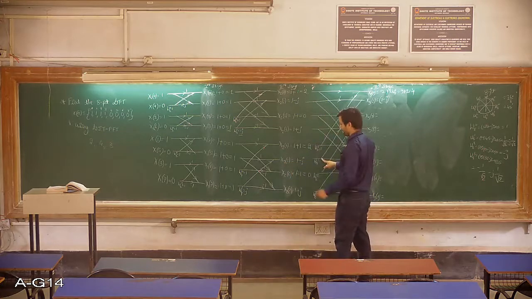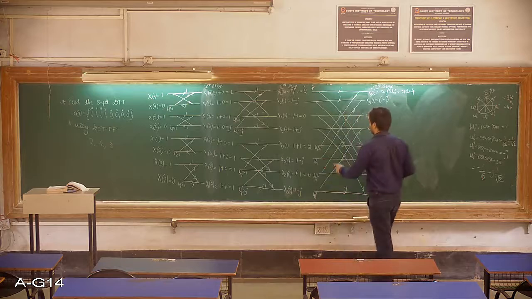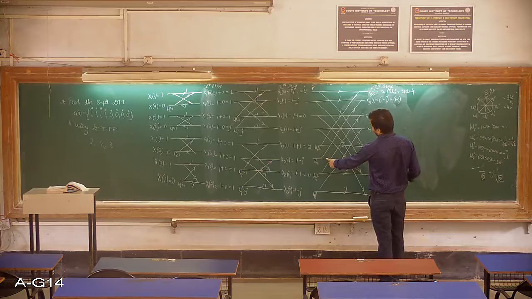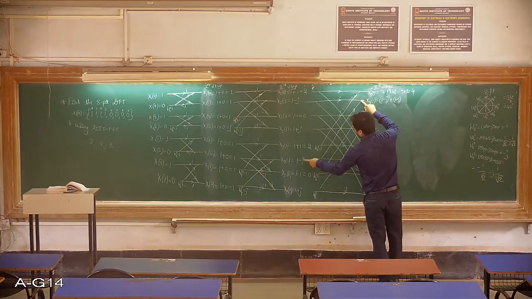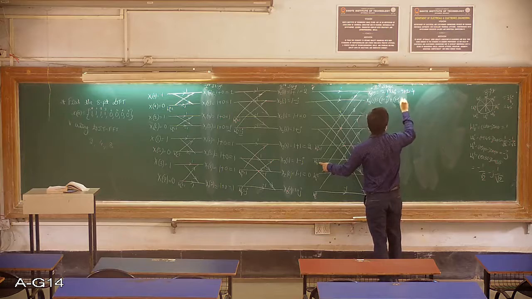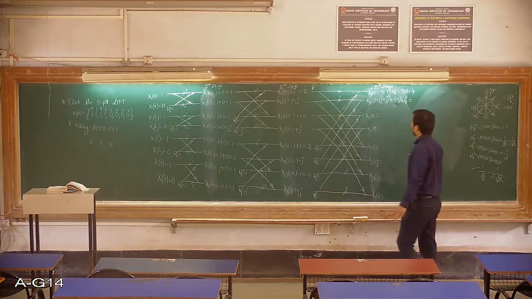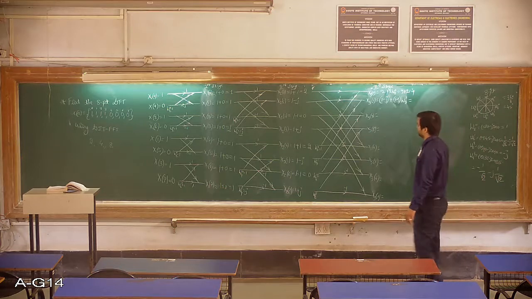What is the x2 of 5? 1 minus j into W8 of 1. So plus 1 minus j, because this one is added to this point. So 1 minus j into W8 of 1, right?